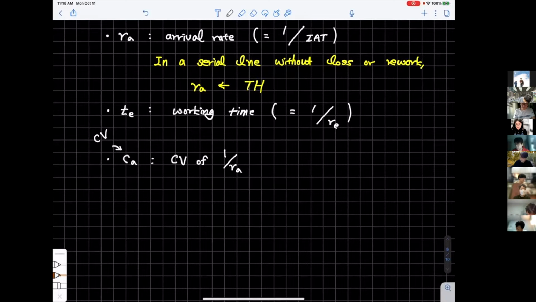And this is calculated by the standard deviation of the arrival time divided by the TA.